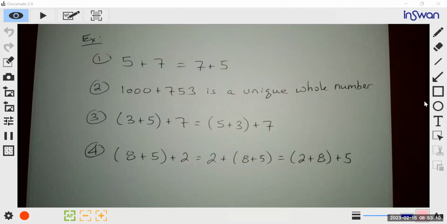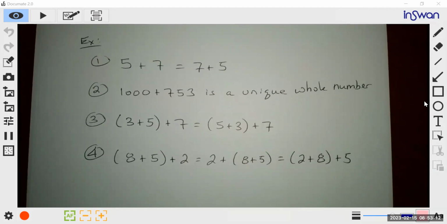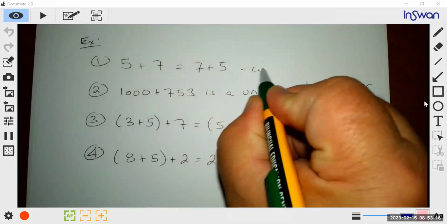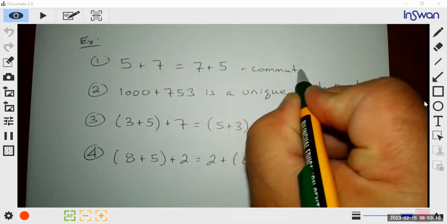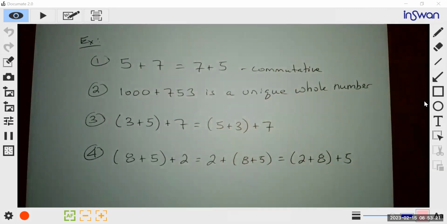How about the first one? 5 plus 7 equals 7 plus 5. Yep. How about the next one? 1000 plus 73 is a unique whole number.